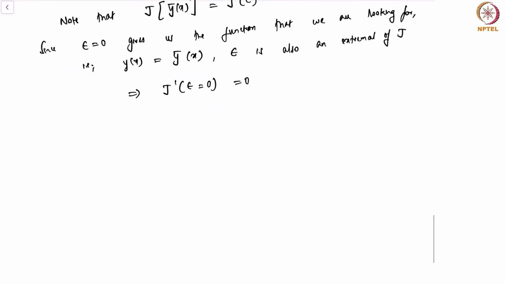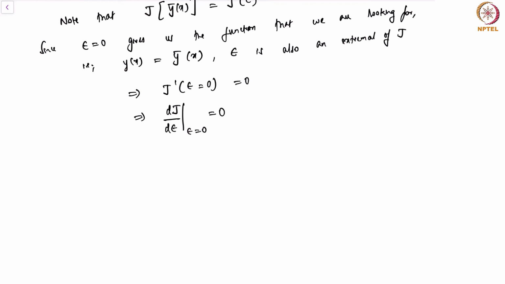What does this mean? It means dJ by d epsilon at epsilon equal to 0 is 0. This is a key point. We have to recognize that J prime is not 0 anywhere; it is 0 when epsilon is equal to 0. That's the key thing.